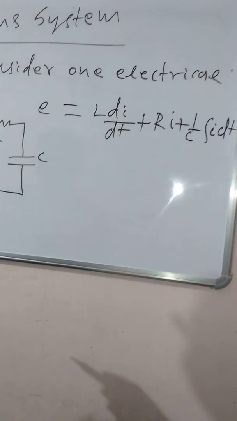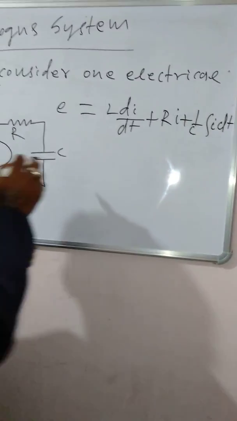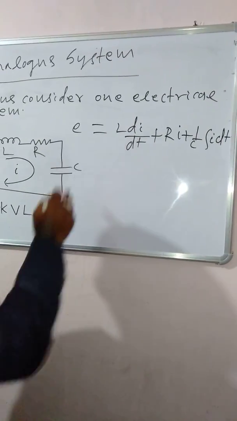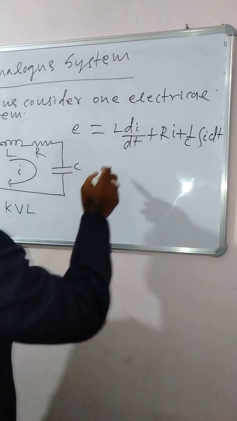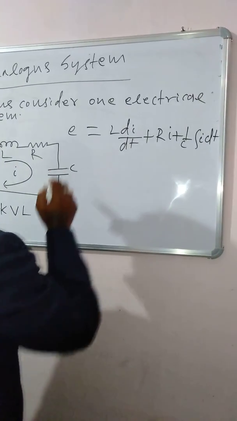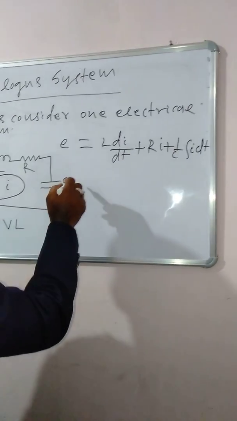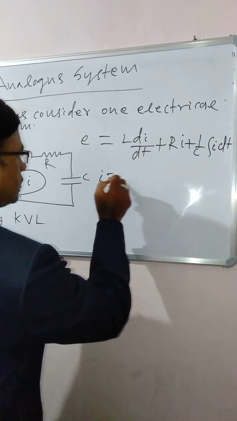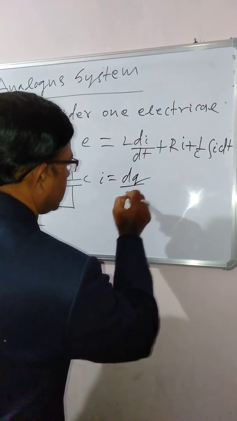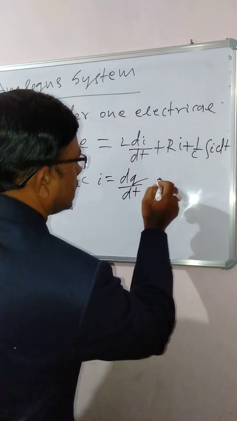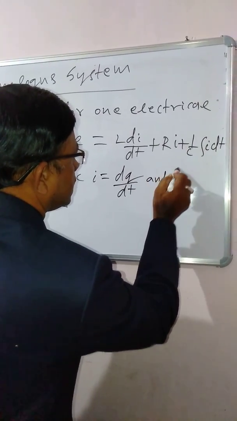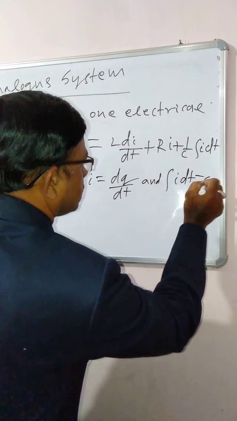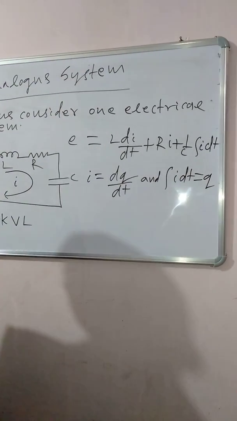Now let us find the charge equation. If we replace i by electrical charge, we can find the charge equation. We already know that i is equal to dq by dt and integration of i dt is equal to q.